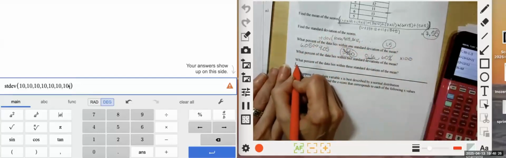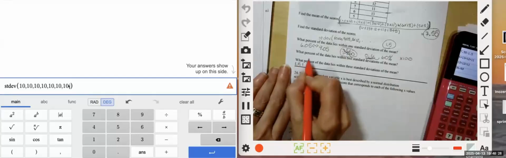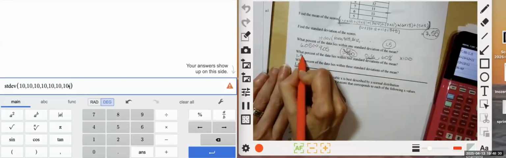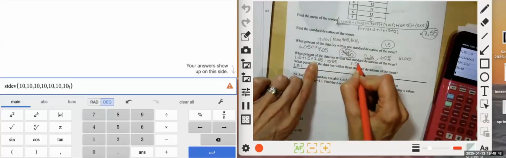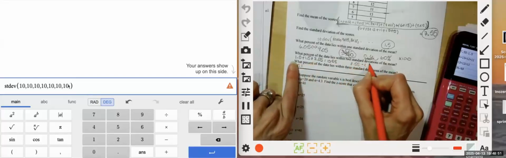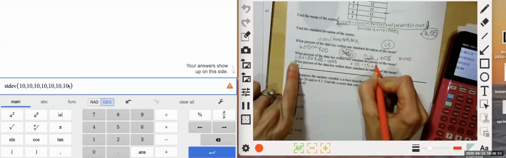And if we go down here for 2 standard deviations, we'll do 1.5 plus 1.5 plus 7.55 to get 10.55. And then we'll do 7.55 minus 1.5 minus 1.5.